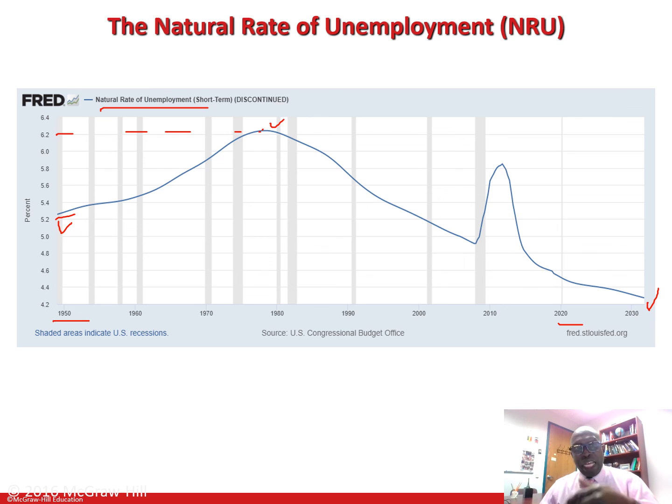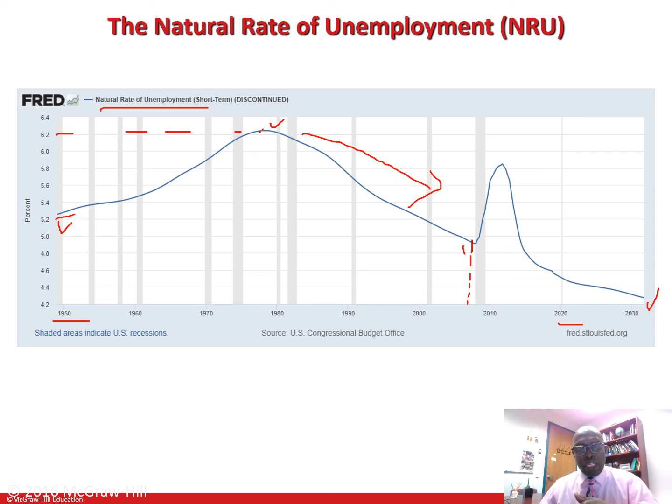Then after 1980, the natural rate of unemployment decreased all the way up to 2007, which was the Great Recession, the period of the financial crisis in the US, the housing bubble.